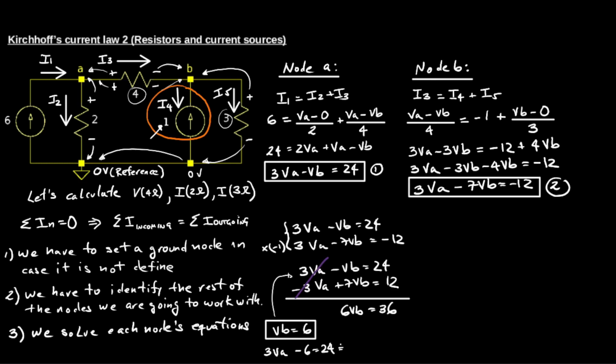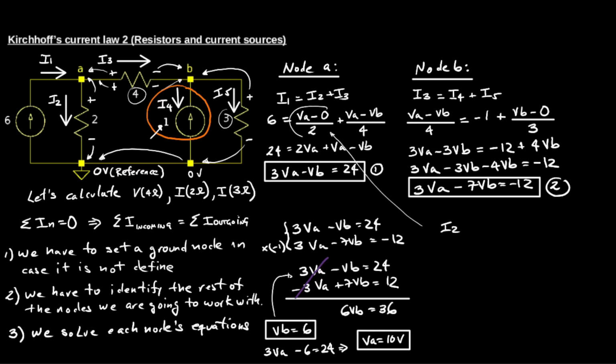Okay, so the voltage at node A equals 10 volt. Okay, so VB is 6 volts with respect to ground, and VA equals 10 volt with respect to the same ground, my reference node.